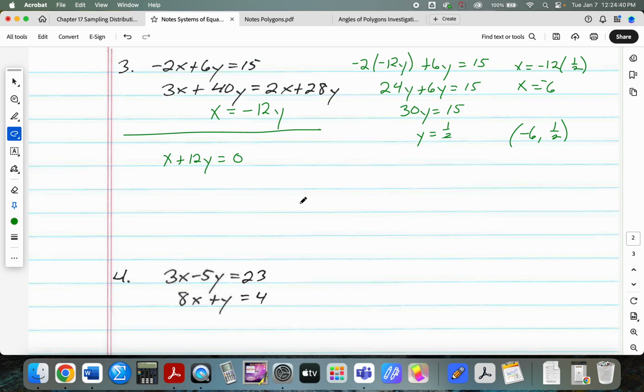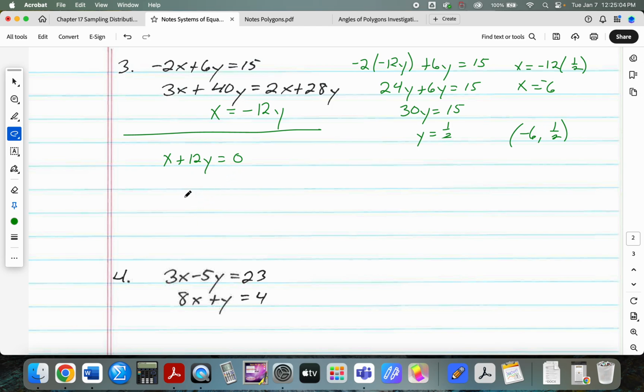At that point, I could do what's called elimination. I could have multiplied this equation by 2, because then I'd have 2x and a negative 2x. Or I could multiply the first equation by negative 2 because then I'd have a negative 12y and a positive 12y.